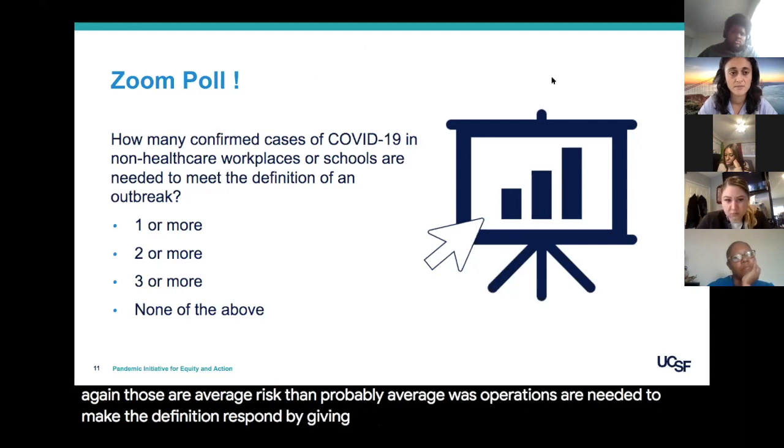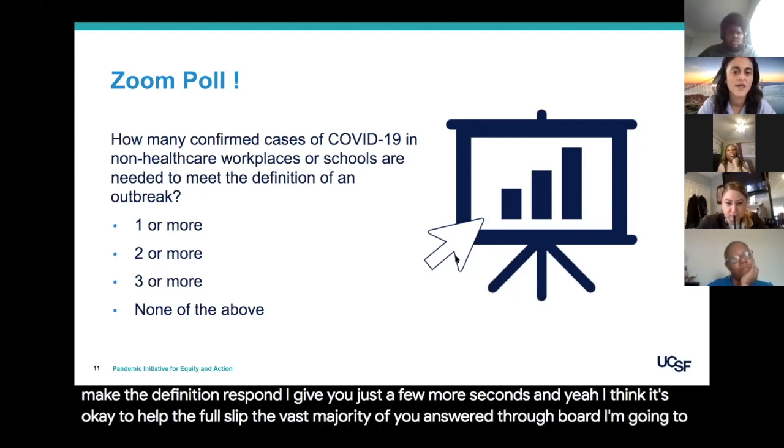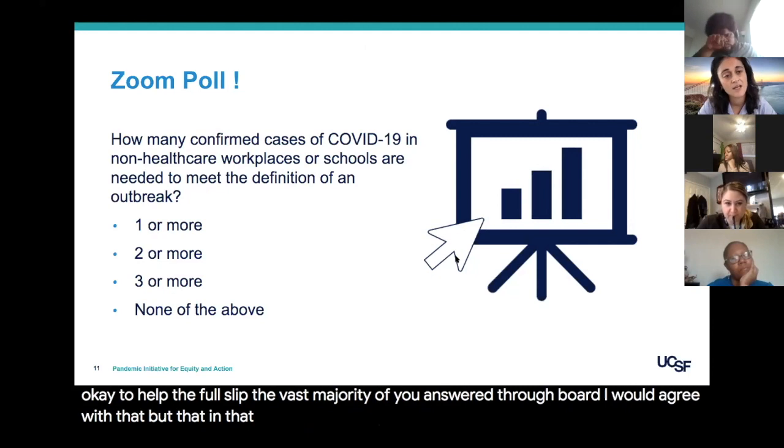I'll give you just a couple more seconds. And yeah, I think it's okay to halt the poll. So the vast majority of you answered 3 or more, and I would agree with that, that in that setting where we have kind of an average risk population, we'd use the definition of 3 or more cases. Okay, next slide.